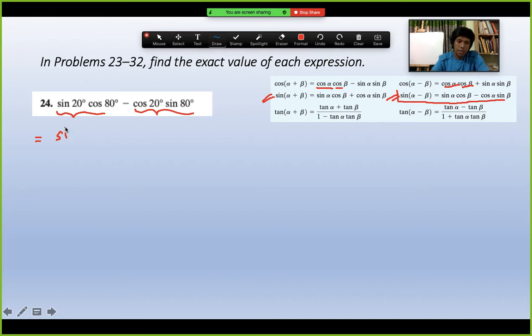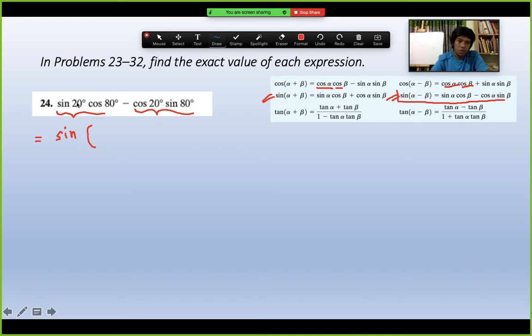Now this is sine, so it is the sine formula. And notice that I have chosen this math so that it serves two different purposes. One purpose is the regular thing, the formula. Another purpose is how do you choose wisely which one is alpha and which one is beta.